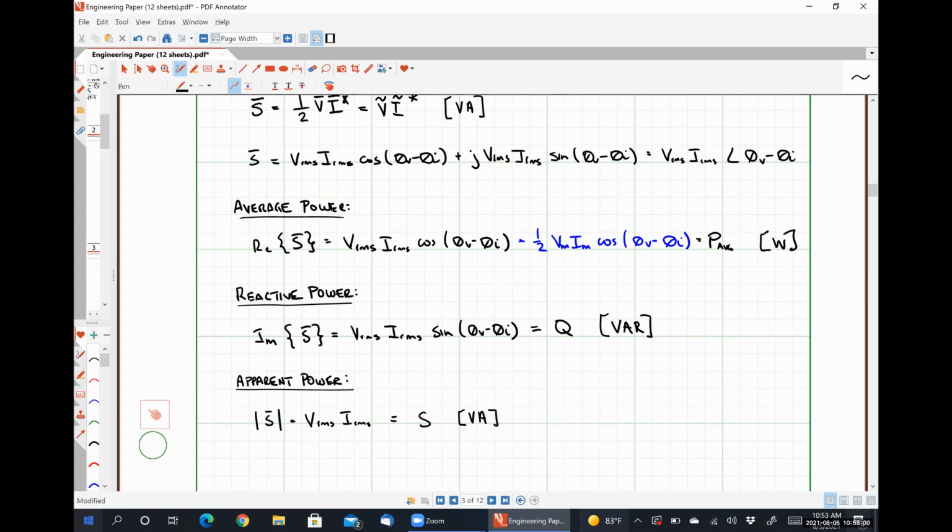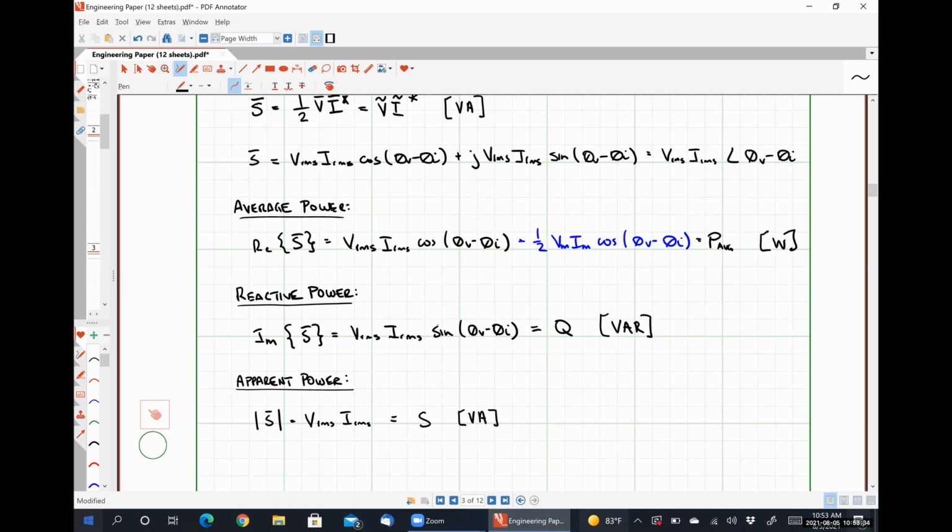So if any of you guys have ever tried to shop for something like a universal power supply or done any design work for a small distribution system, you might see something on the box of a UPS that says it's rated for like 1,800 watts, 2,500 VA. So that means that 2,500 VA is the maximum apparent power that can be delivered, but it can only deliver 1,800 watts of average power, okay?